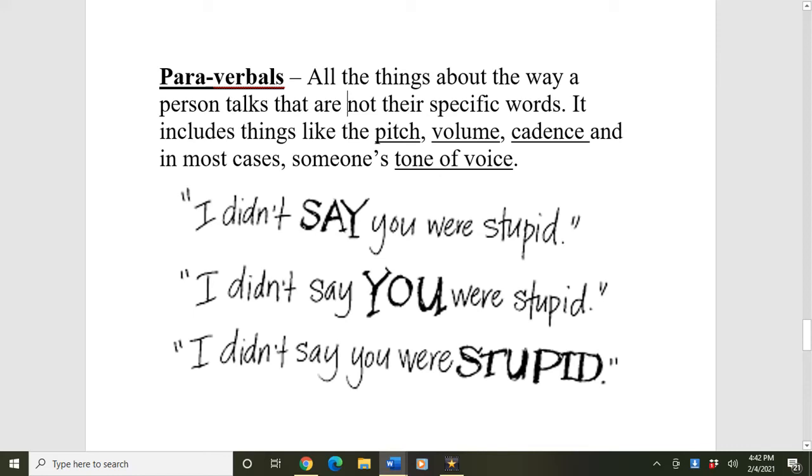And in the last one, it says, "I didn't say you were stupid," which means that maybe they didn't agree with you, but they weren't trying to insult you, they weren't saying something wrong, or that you were saying something wrong. And so, the exact same words in 3 different sentences can mean 3 totally different things.